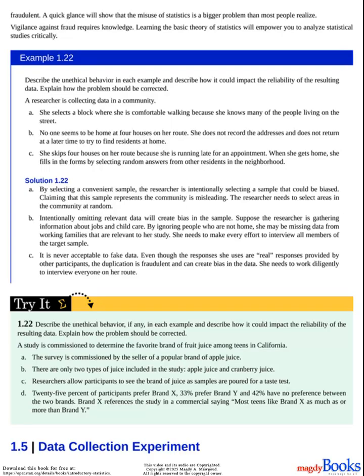B. There are only 2 types of juice included in the study, apple juice and cranberry juice. C. Researchers allow participants to see the brand of juice as samples are poured for a taste test. D. 25% of participants prefer brand X, 33% prefer brand Y and 42% have no preference between the 2 brands. Brand X references the study in a commercial saying most teens like brand X as much as or more than brand Y.